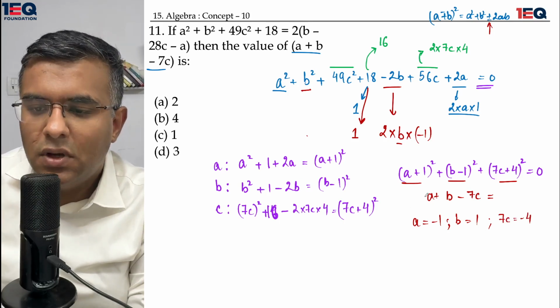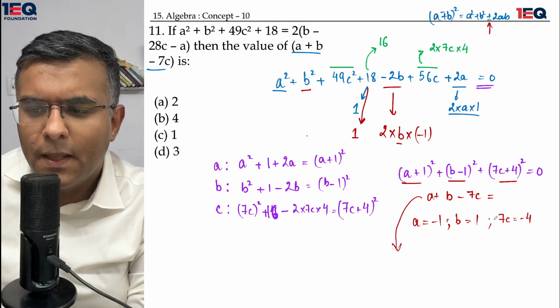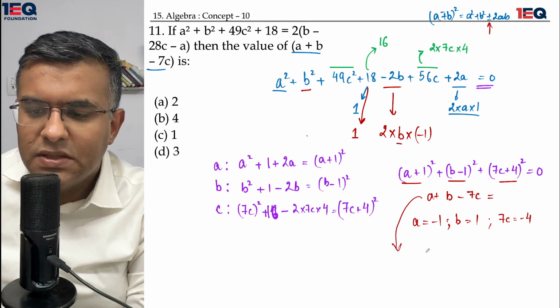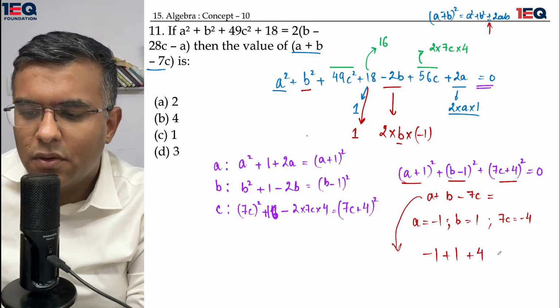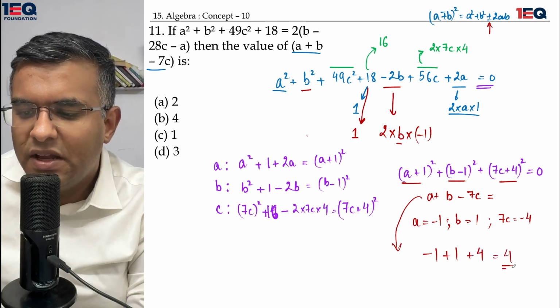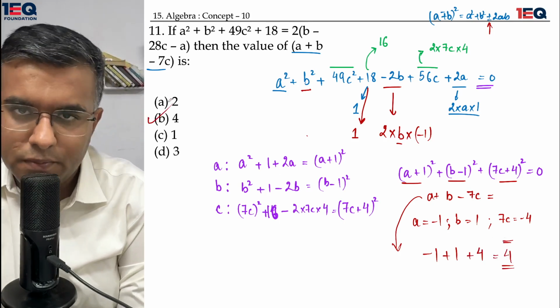Okay, so I'll quickly work on it. It means minus 1 plus 1 plus 4. This gives me a final answer as 4, and I am good to go.